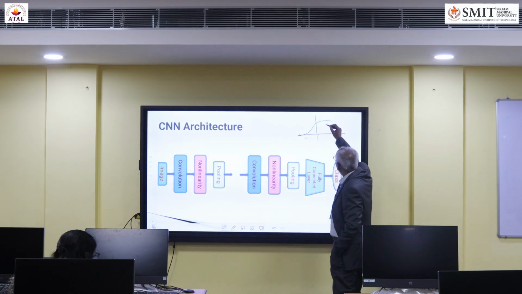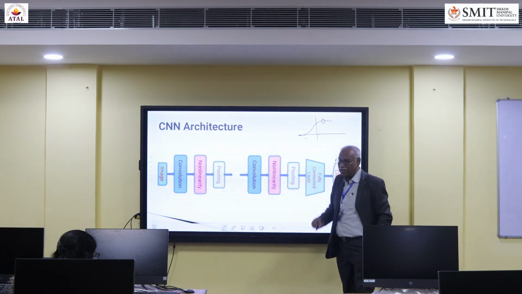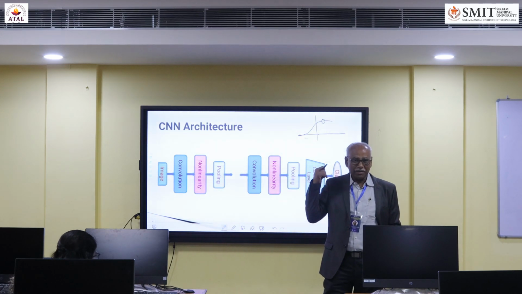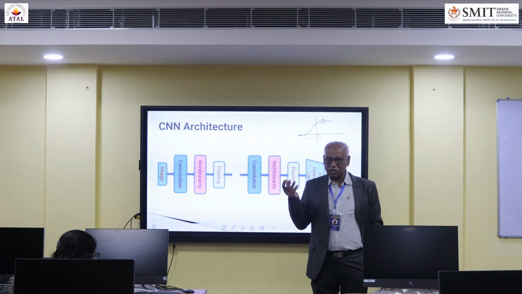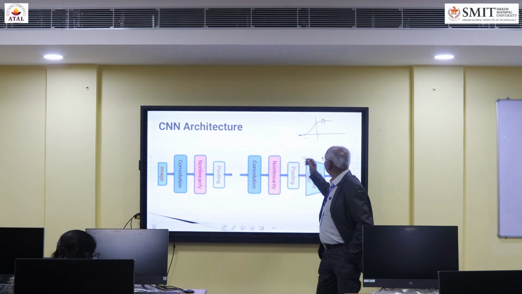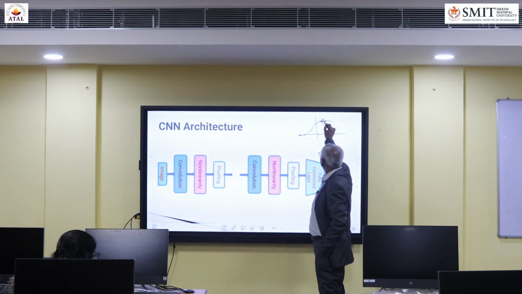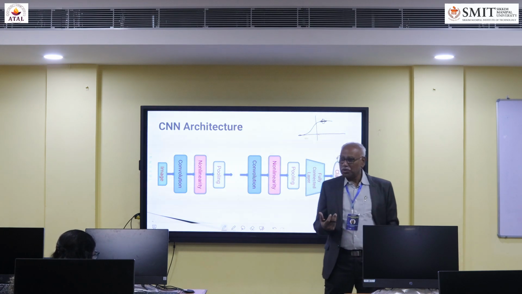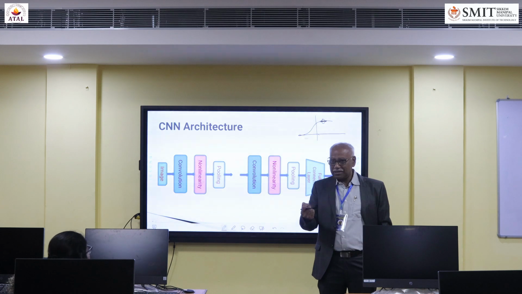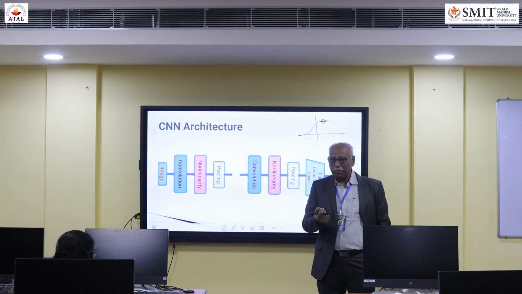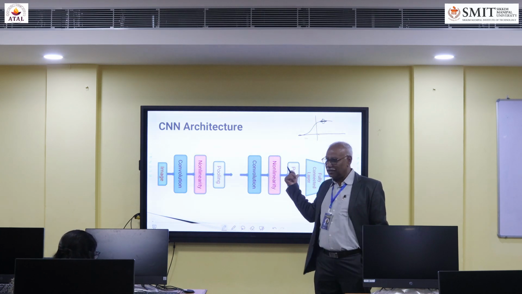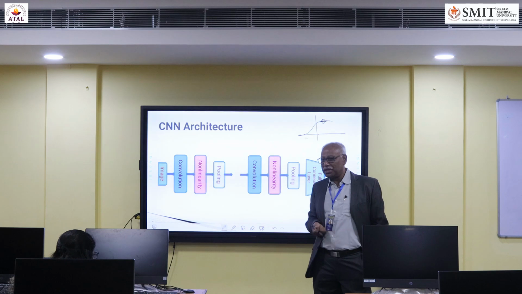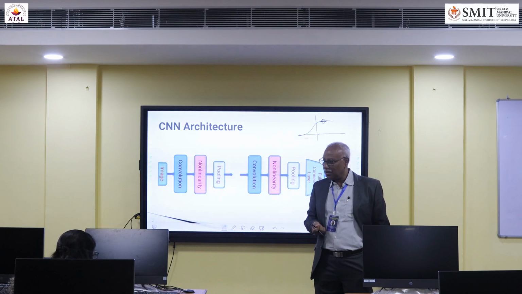So if my output response is somewhere over here, and I differentiate this with respect to the parameters, the differentiation is almost 0, because here the output is almost constant. As a result, my parameters will not be modified because my gradient is 0. That is the problem with this kind of activation function.